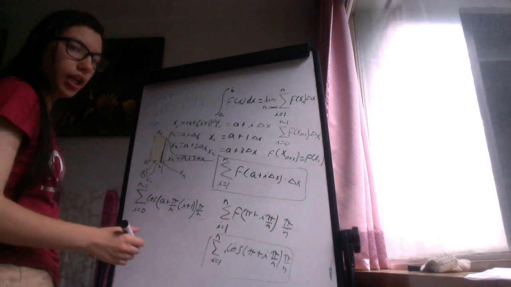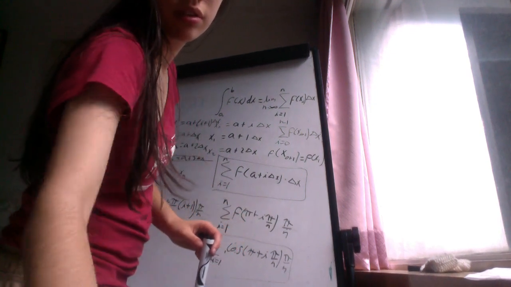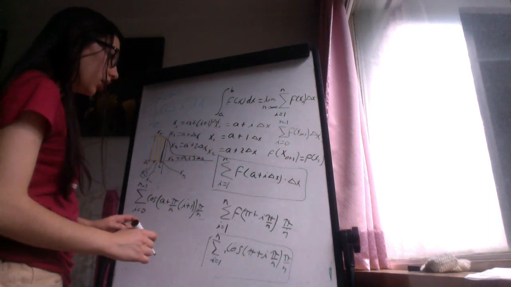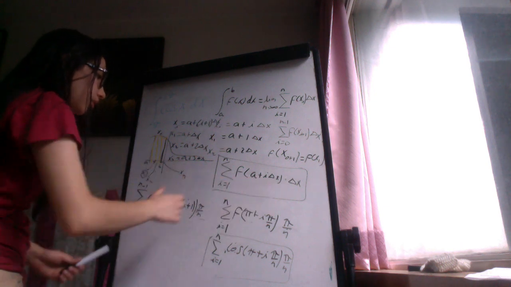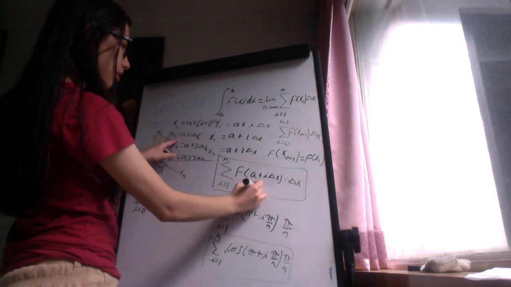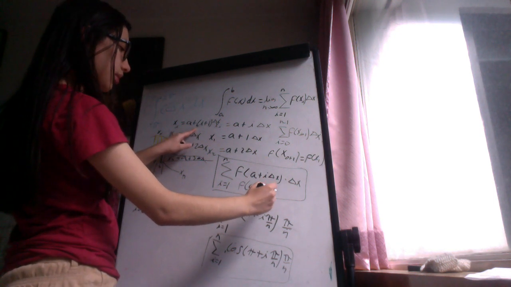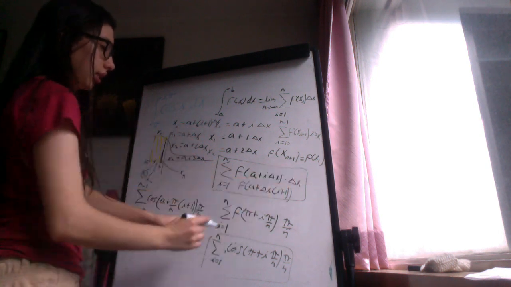For that, here we would have the summation of f of a plus delta x times i plus 1, and then times delta x.